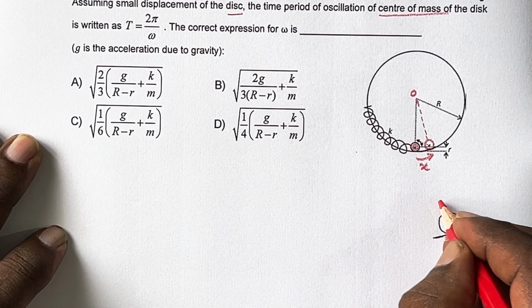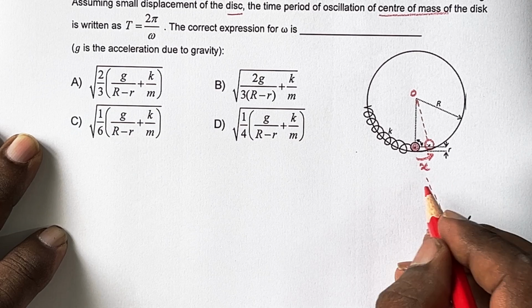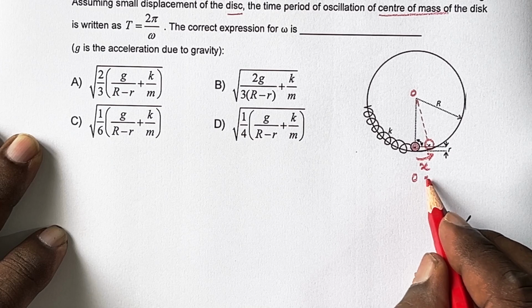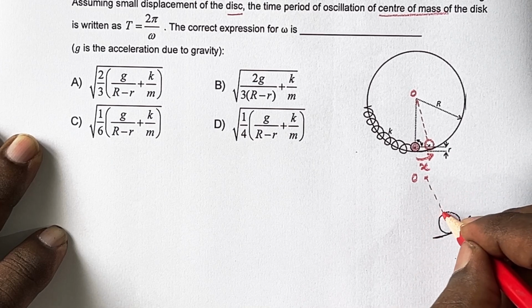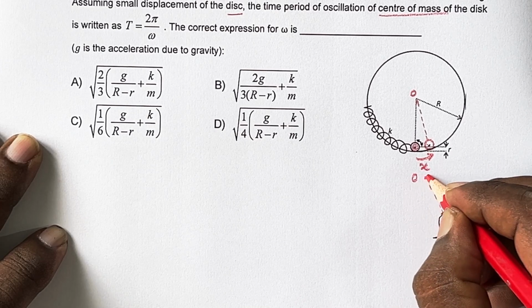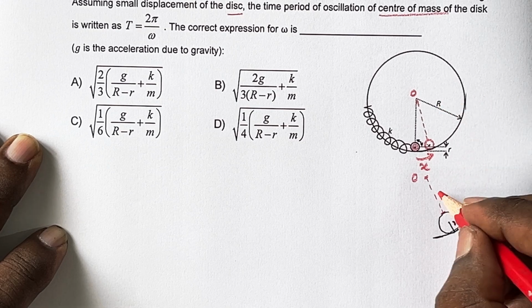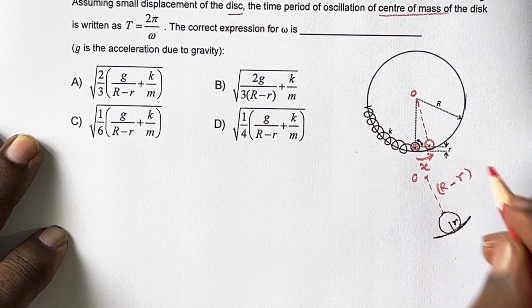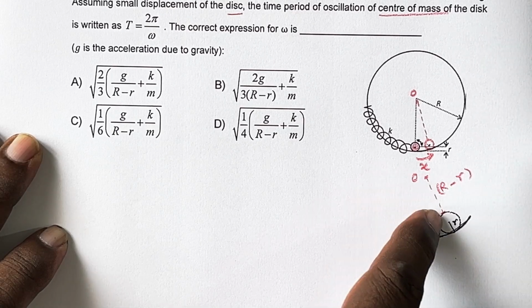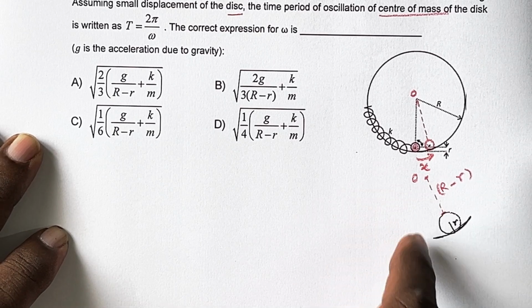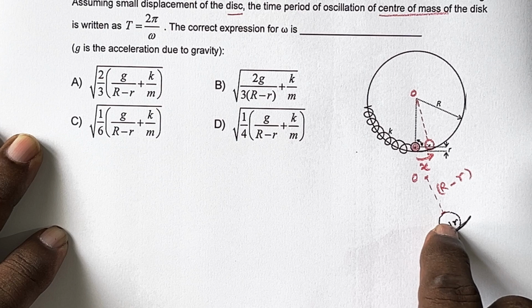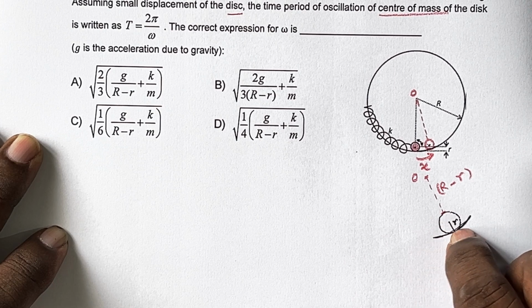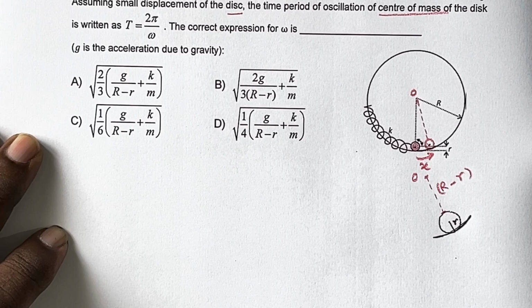From the top of this disc to here, the total distance is R, so from the center O to the center of the disc, it is R minus small r, touching the periphery of the ring.